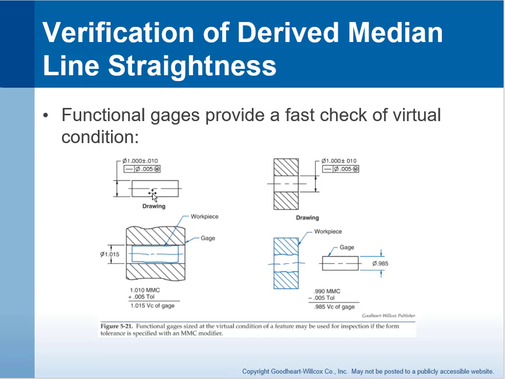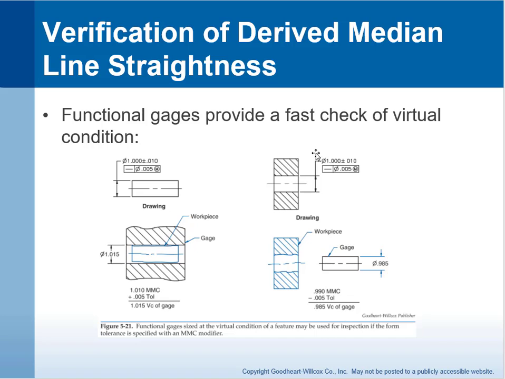That's for a pin. Now in this case we have a hole. Again, it's 1 inch plus or minus 10 thousandths with a straightness of 5. With that we create a virtual condition of .985.